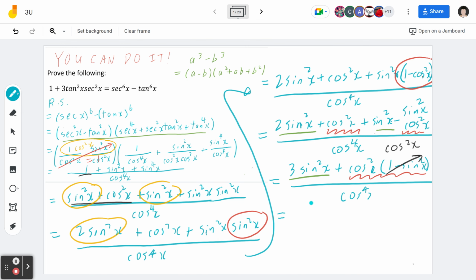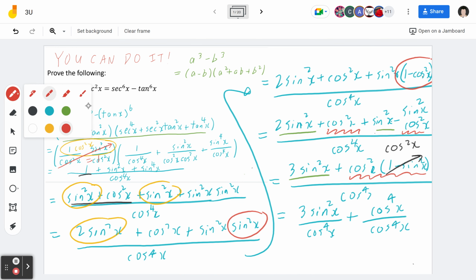Now break this apart. You can say, oh, this is 3 sine x squared divided by cosine x to the power 4 plus cosine x to the 4 divided by itself. Again, if you look at this second part, that's the same as saying 1. If you look at the first part, and I hope you connect this, because the 1 I can write at the front.